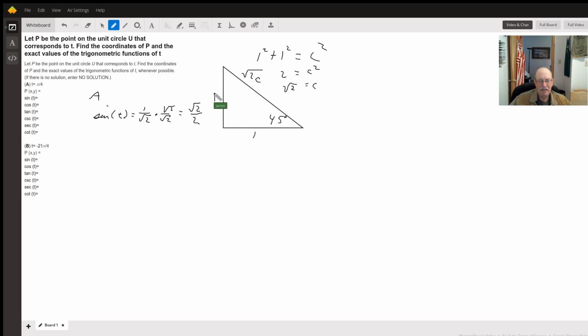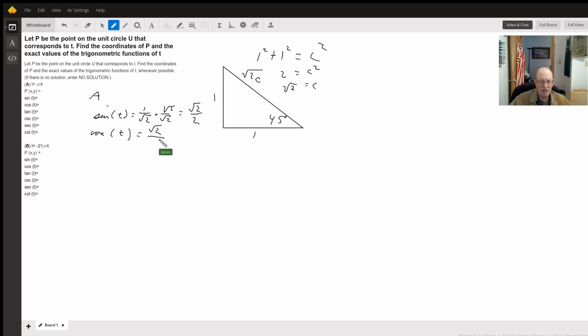Okay. Well, since this is a 45, 45, 90, that means it's also an isosceles right triangle. So the cosine, the adjacent side over the hypotenuse, is also going to be 1 over square root of 2.